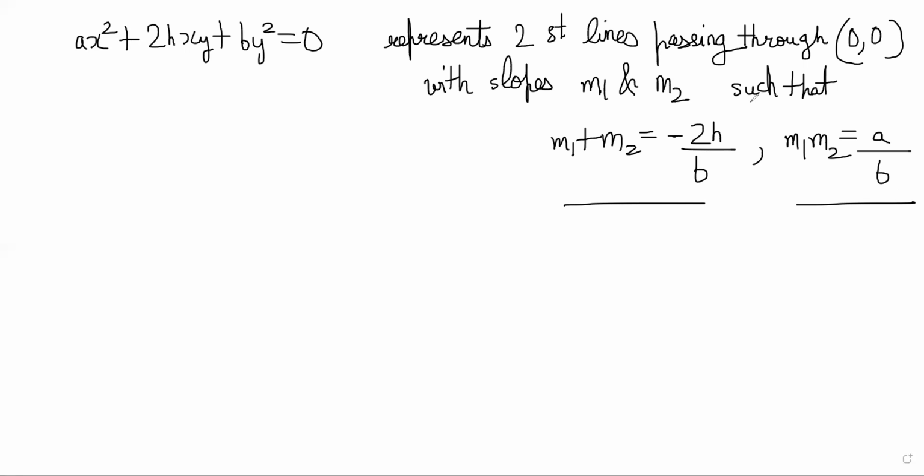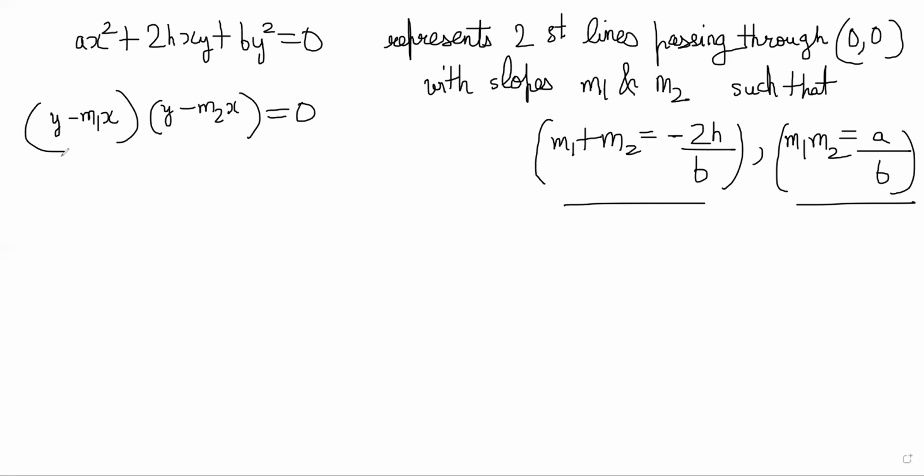Right now the way we got it was by taking the other equation, y - m1x and y - m2x = 0, multiplying this out and comparing the coefficients, right?